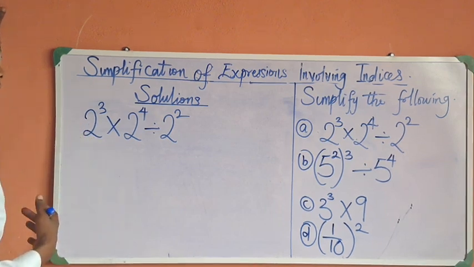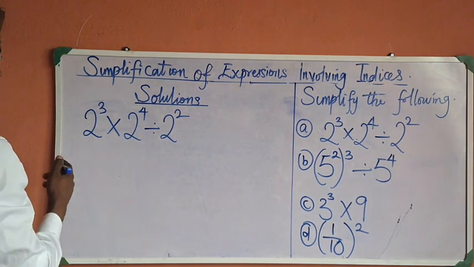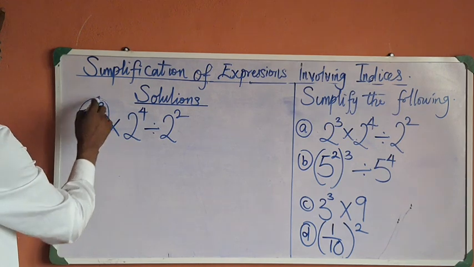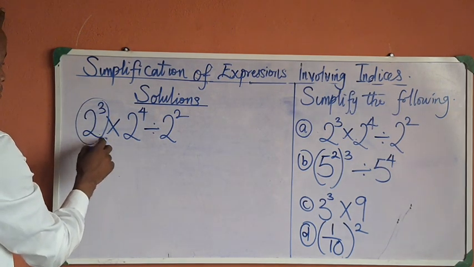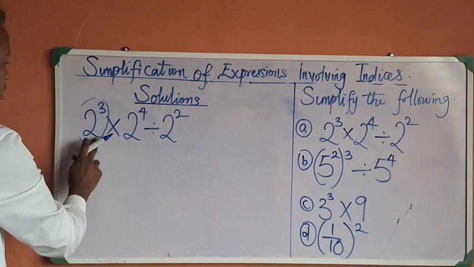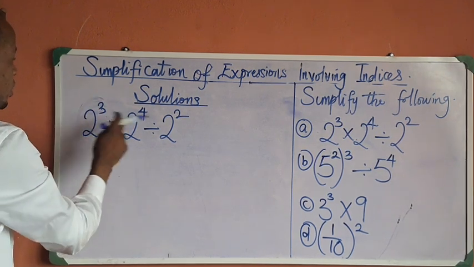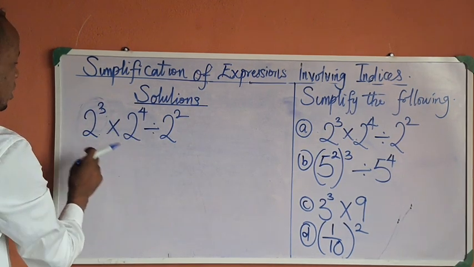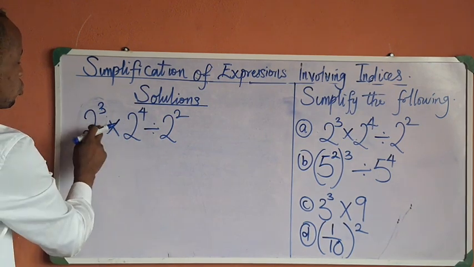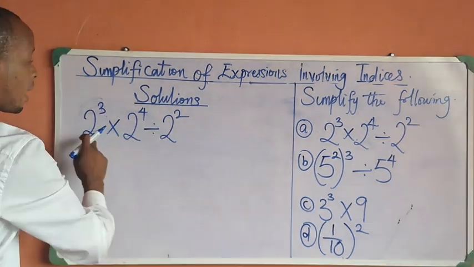Of course, I've explained that before, that if an expression is given this way in mathematics, 2 here simply means the base, while the 3 at the top right hand is called the power. So you can see that this expression has 3 bases that are equal. 2, 2, and 2 are equal.